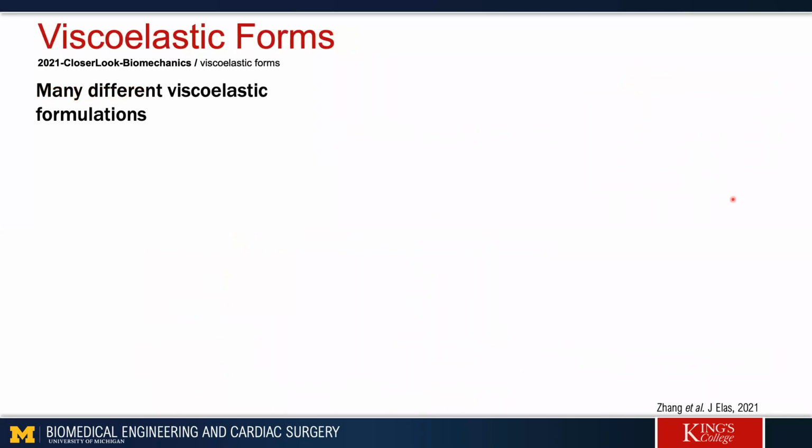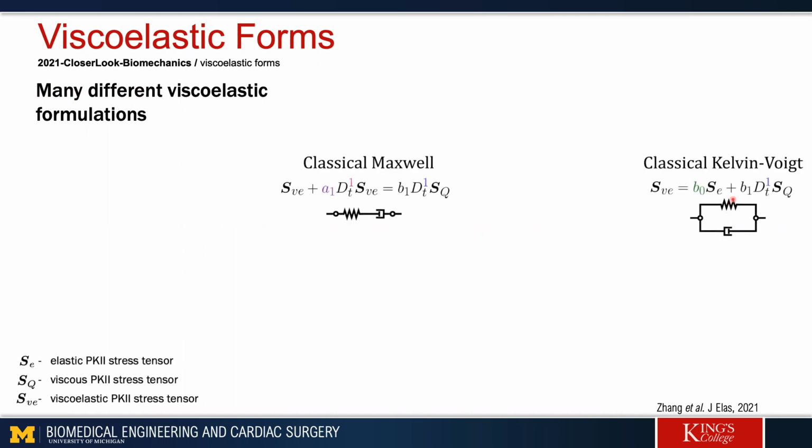And there's a lot of different viscoelastic formulations that you can find in the literature. So just to walk through some of them, we can think of the classical Maxwell and Kelvin-Voigt models. And here, this S_VE represents the kind of nonlinear viscoelastic PK2 stress.